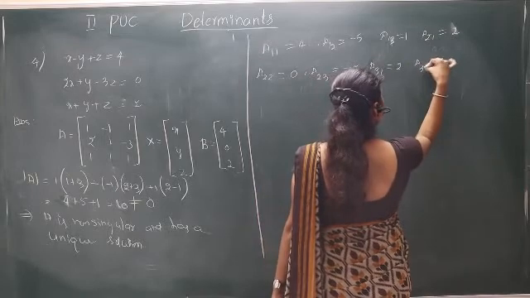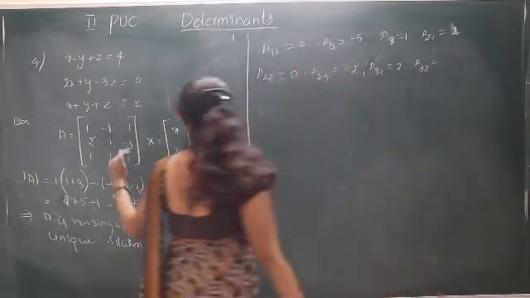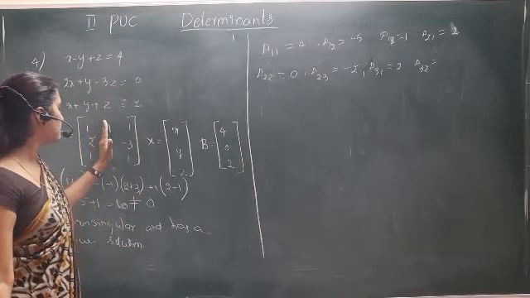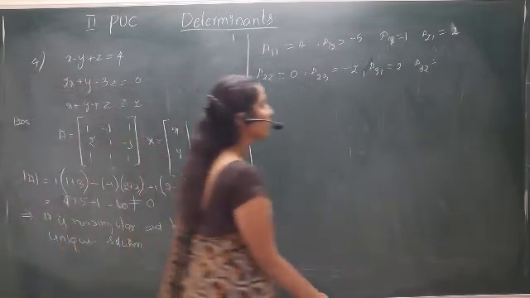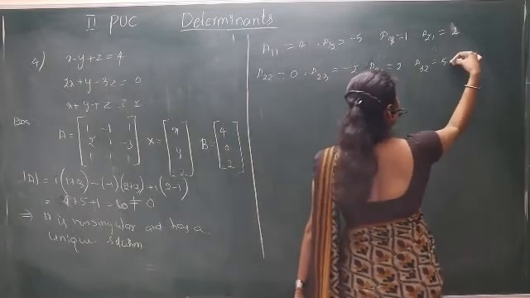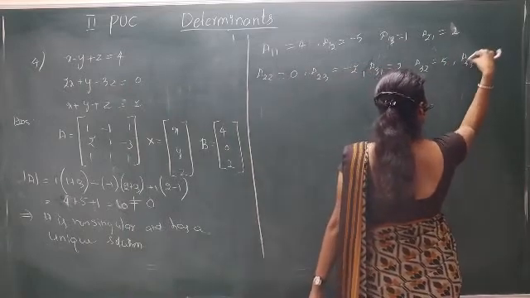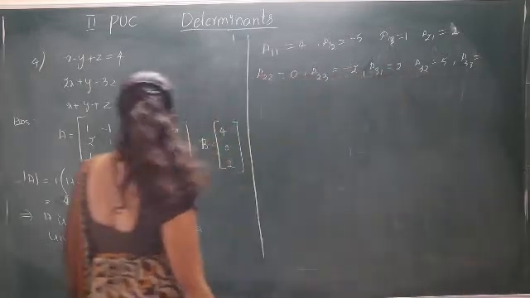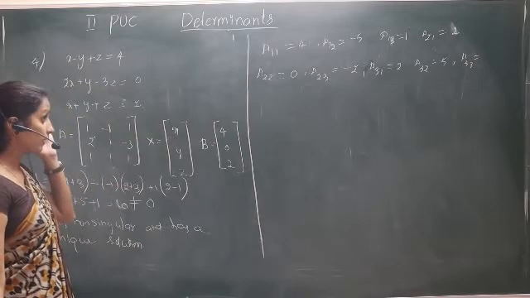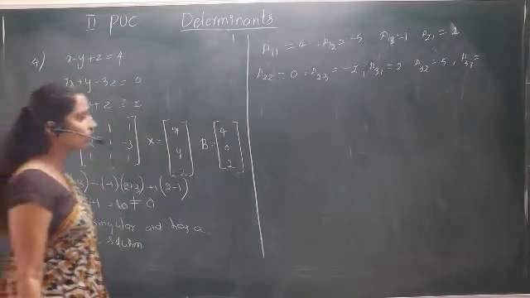Next A32, by deleting this, minus 3 minus 2 is minus 5, so again it is minus also, so plus 5. Then A33 is plus, so 1 plus 2 is 3.